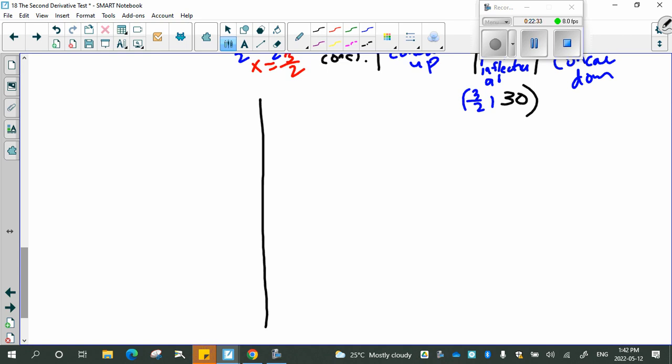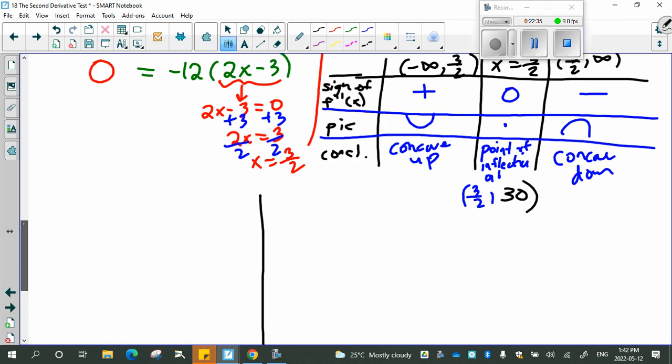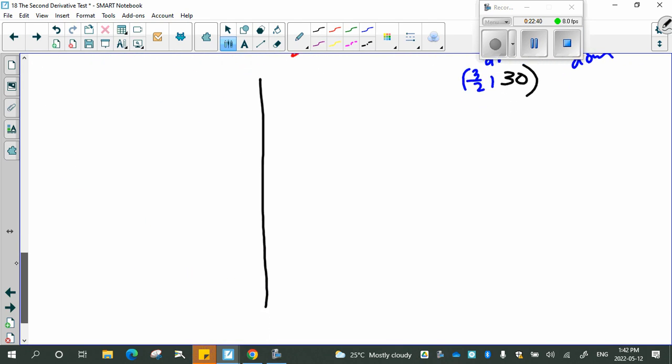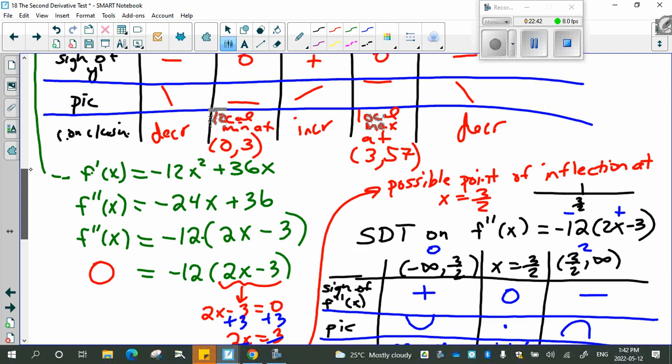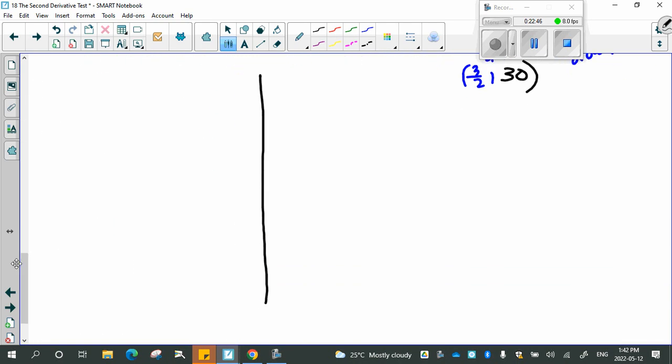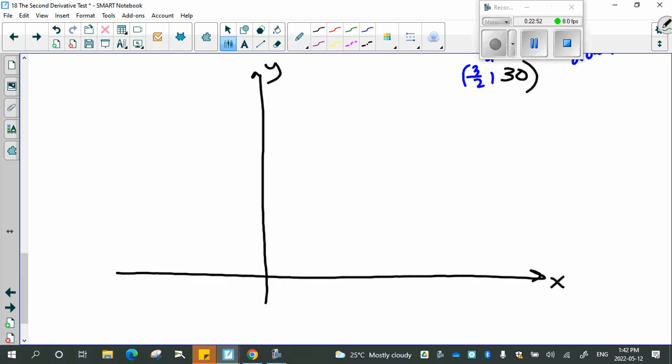Okay, so we want to go as high as 57 and as low as 3. And what's our y-intercept? 3. Okay, so I'm going to put my x-axis near the bottom. So here's 0, 3.